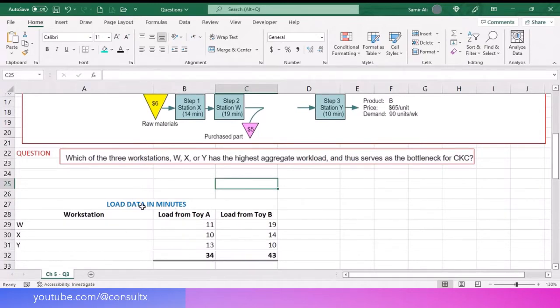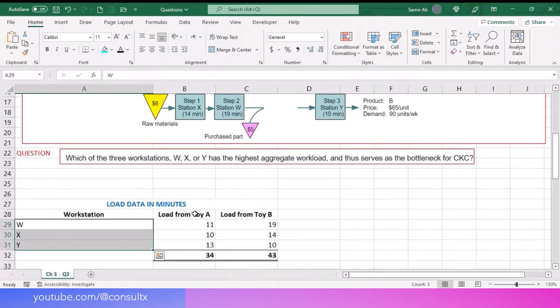The load data in minutes, workstation W, X, and Y, and the time it takes in minutes to complete each step. Step W for toy A takes 11, workstation X takes 10 minutes, and workstation Y takes 13 minutes.